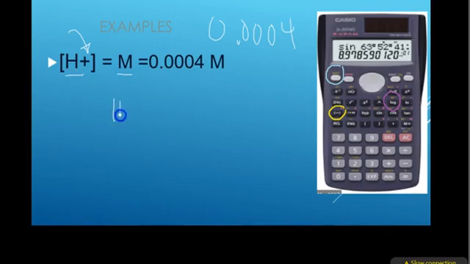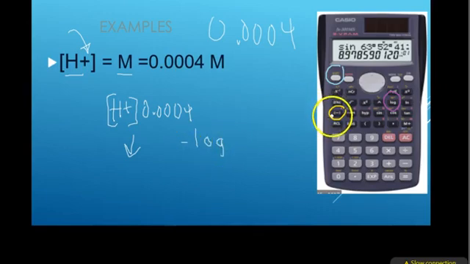So now I'm up here in this corner. Remember, I'm at my hydrogen ion concentration. It automatically is 0.0004. All right, so now I want to get to pH, so I'm going down. If I'm going down, I'm going to take the negative log of it.